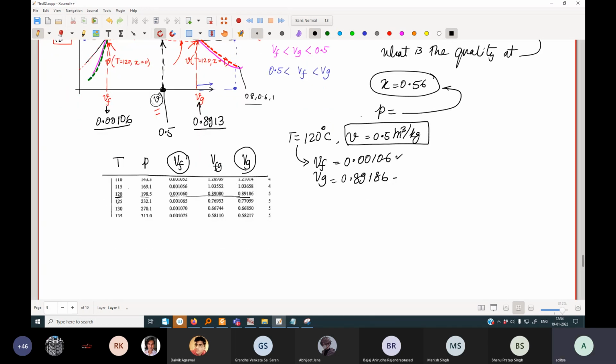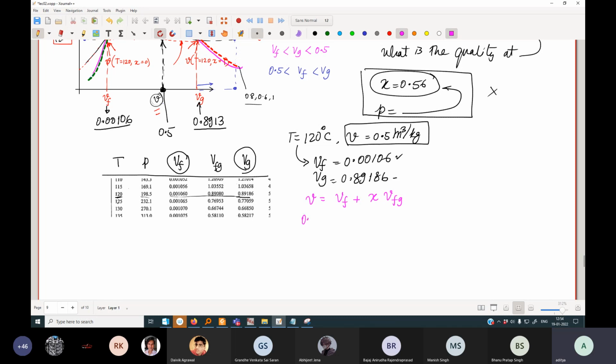We have already figured out the quality with the help of a computer, but we will not do it that way. Someone says, no, I don't have a computer, I just need to know the quality with this table. So what should I do? We use this formula, which we had derived, right?